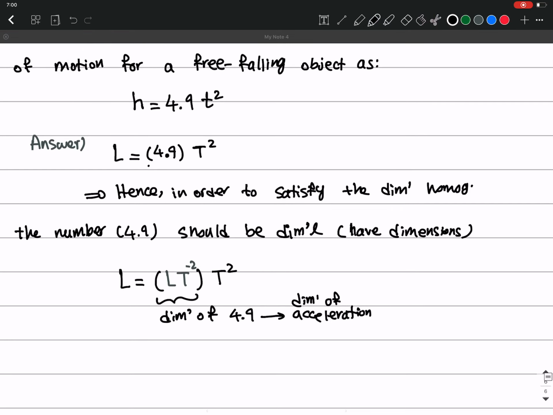So if you recall your physics course, hence we understand and conclude that 4.9 has the dimension of acceleration.